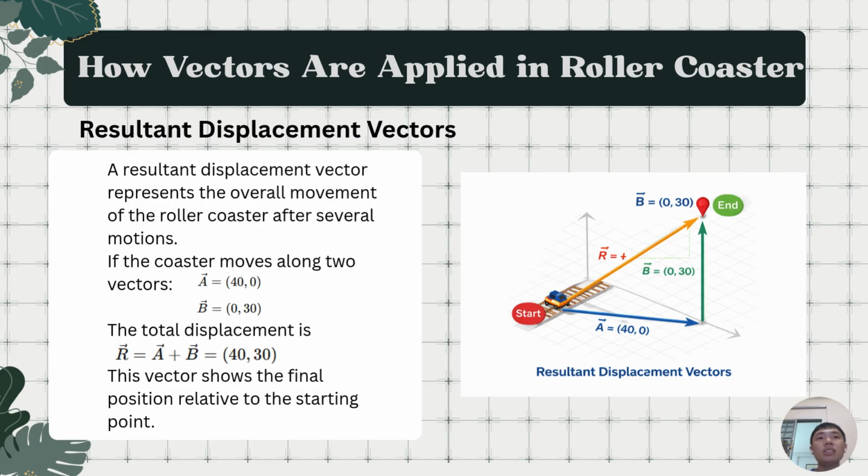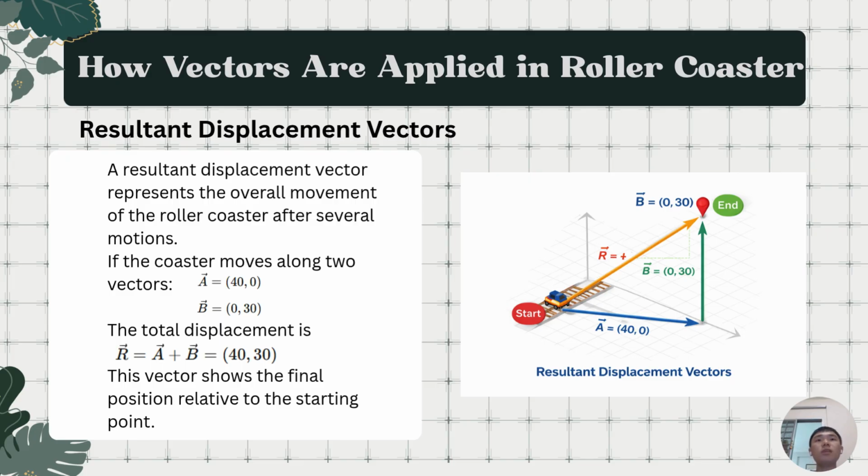And the final vector that represents the overall movement is called the resultant displacement vector. For example, imagine that a roller coaster first moves east and then moves north. These are two separate motions, but together they produce one overall movement from the starting point to the final point.